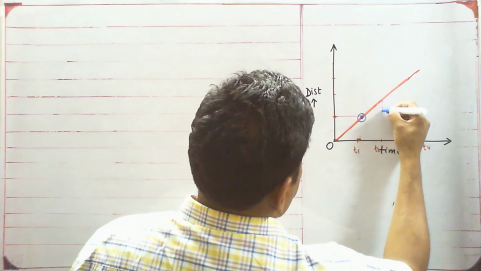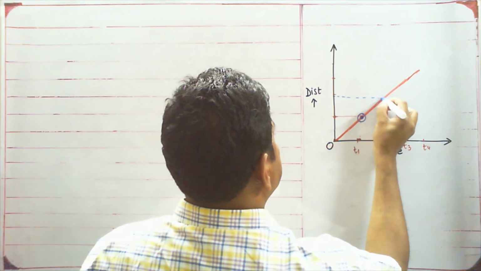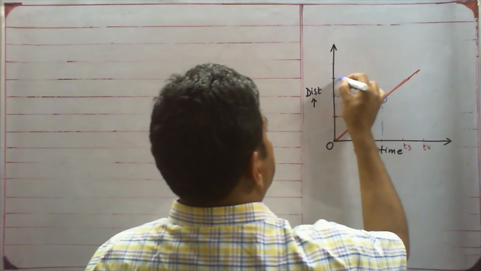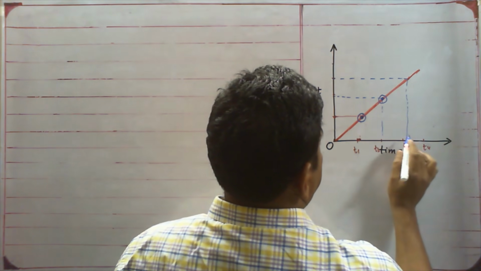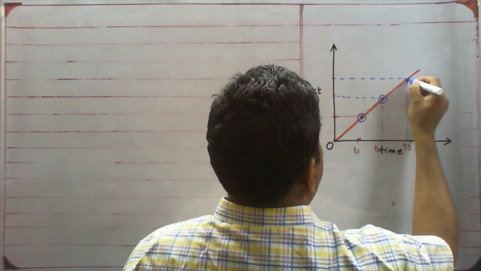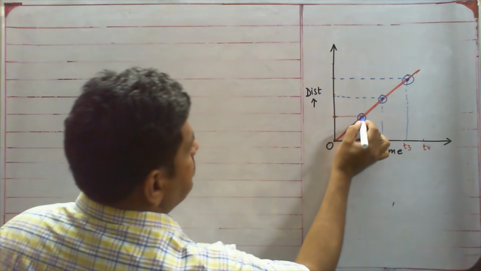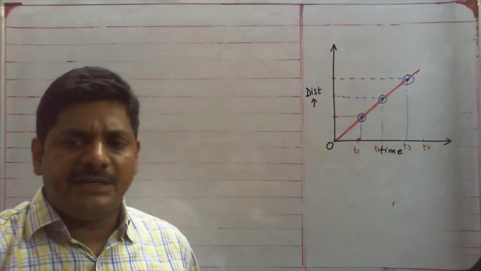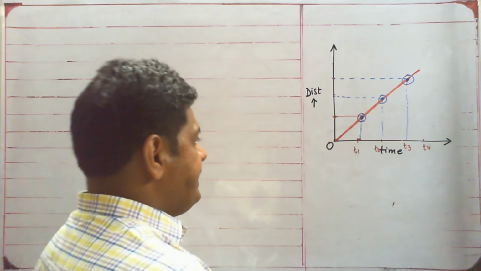This is the second point. This is, let us say, the third point. So this is a general graph. Mark it as A, B and C.